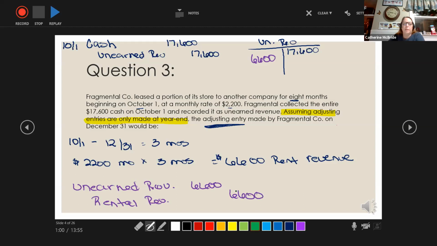So this rental revenue is going to be on my income statement. On my balance sheet, I'm still going to have revenue that I haven't earned yet for the $17,600 minus the $6,600 that was earned.